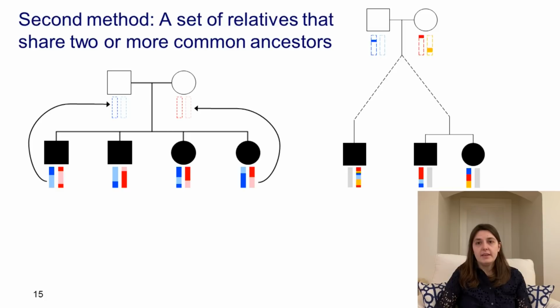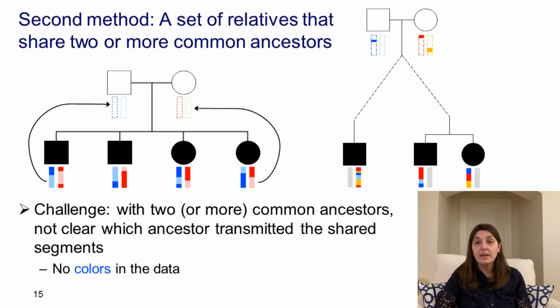Now, the second method is a bit more complicated. Unfortunately, if we have, for example, a set of siblings, but neither parent, or, for example, some distant cousins, maybe even first cousins, who are related through 2 common ancestors, unfortunately, we can't know whether these shared segments come from the common father or grandfather or the common mother or grandmother.